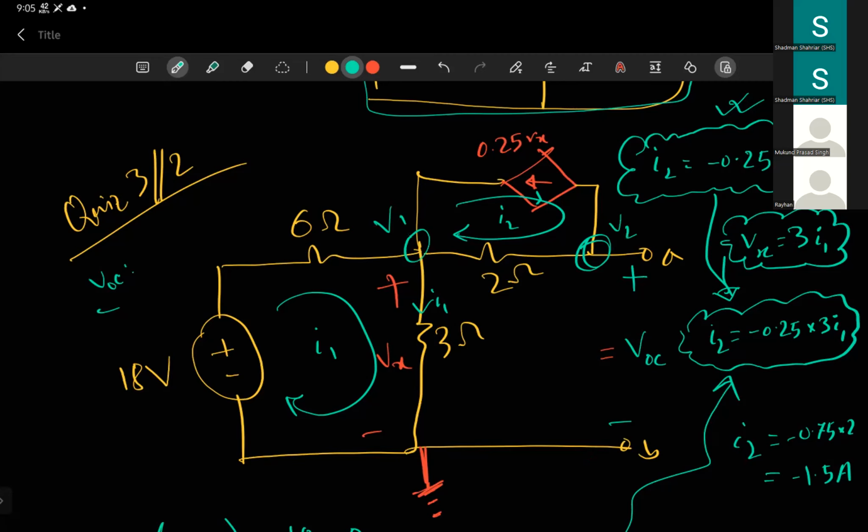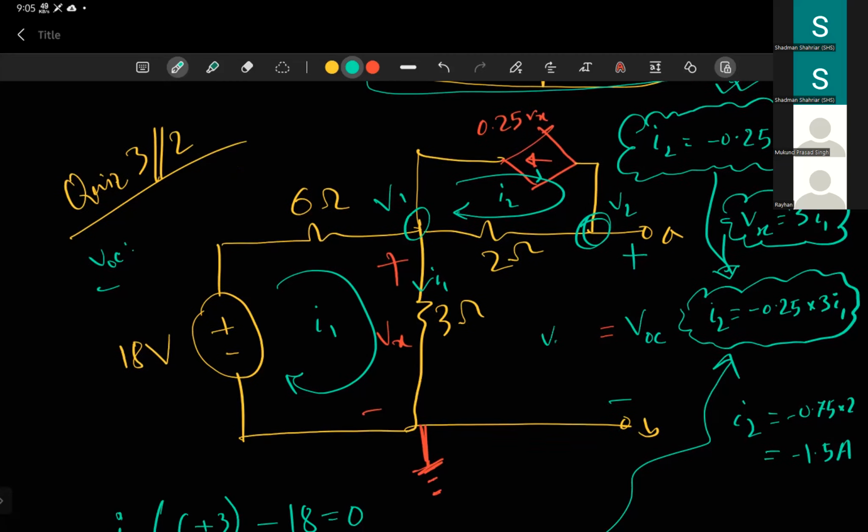If you are not able to see it, this voltage is basically the addition of these two resistors. So the V2 minus V1 part will be 2I, because this is positive, this is negative, and again this is positive, this is negative, so you have plus 3I1.